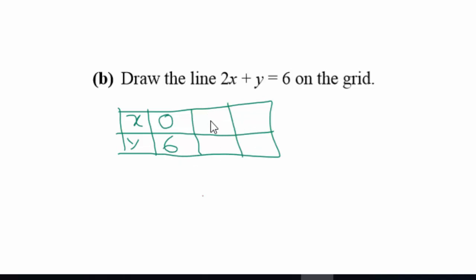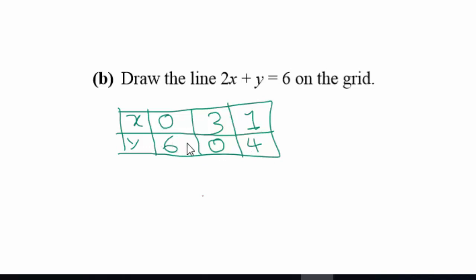If we put, let's say, 3, you are free whatever you choose for x, 2 times 3 is 6. 6 plus y is equal to 6, so it means the y is 0. And if we put 1 in place of x, 2 times 1 is 2, y must be 4 to complete 6.